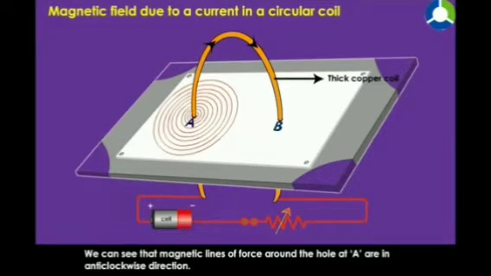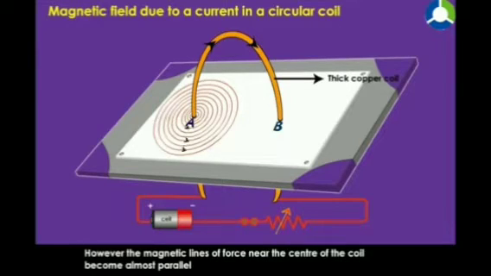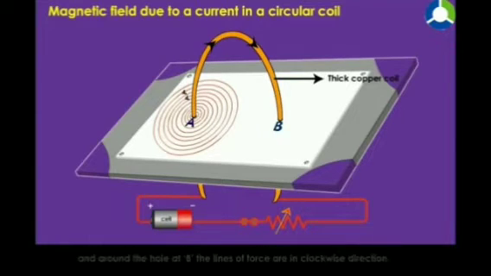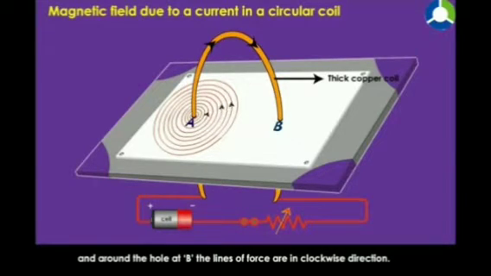We can see that the magnetic lines of force around hole A are in anti-clockwise direction. However, the magnetic lines of force near the center of the coil become almost parallel. And around the hole at B, the lines of force are in clockwise direction.